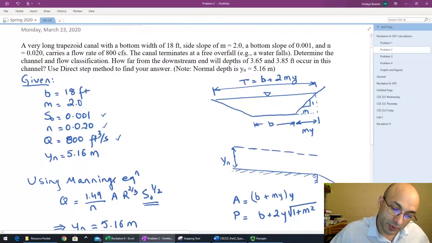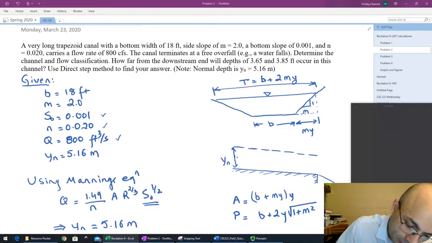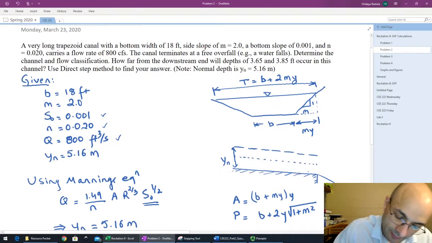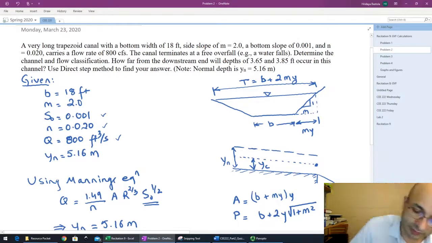So in this problem we start at the brink. This channel ends up in a waterfall at the end. We found the critical depth is less than the normal depth. So at the brink, the water height is going to be close to the critical depth.